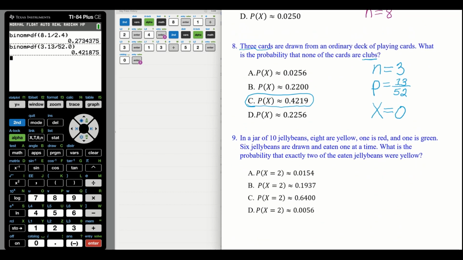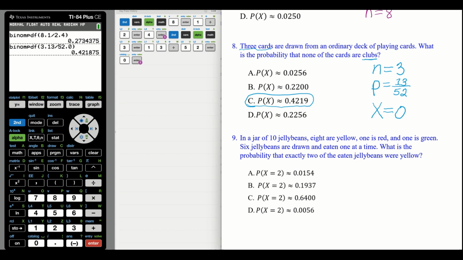In a jar of 10 jelly beans, 8 are yellow, 1 is red, and 1 is green. Okay, so in a jar of 10 jelly beans. Well, I don't know that that's our trial. Let's keep reading. 6 jelly beans are drawn and eaten one at a time.